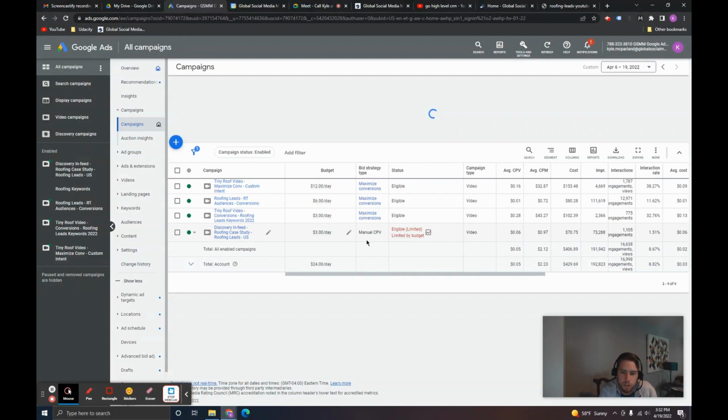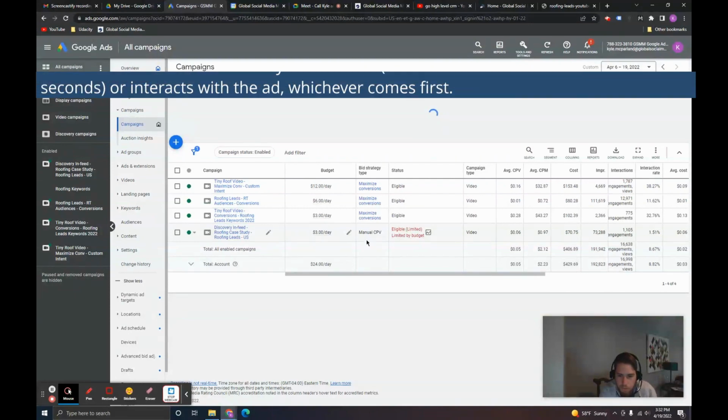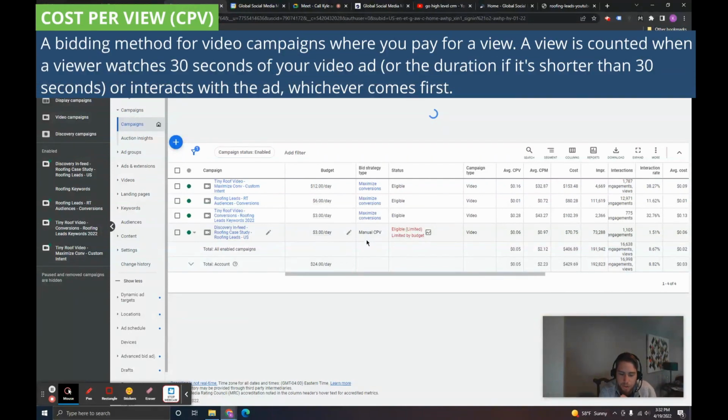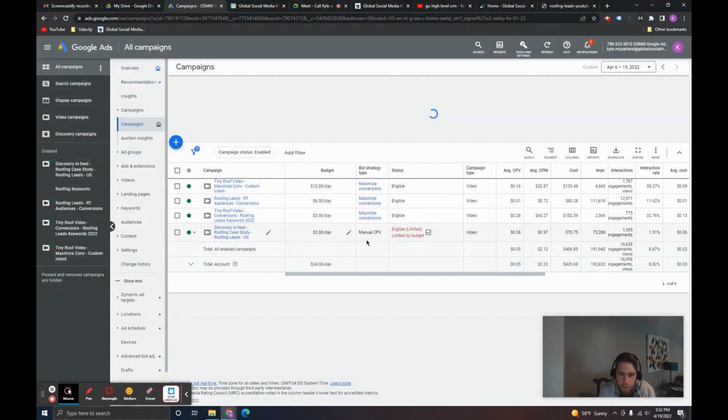There are additional strategies you can do with that too, but I'm not going to go into those right now, because just for an introduction, cost per view is pretty much blasting your video to as many people as possible and getting as many views on that video over time and getting those views as cheap as you can. So those are the main two ways to set up and think about YouTube ads.